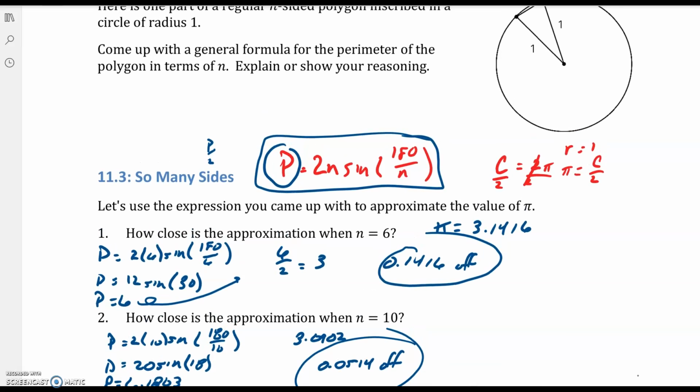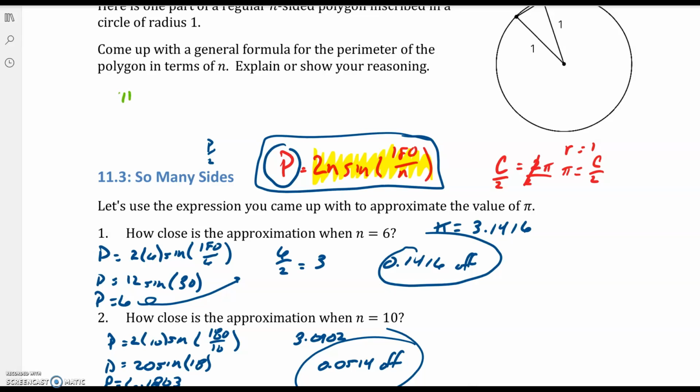So realistically, remember up here, what I've been doing is taking this perimeter and dividing it by 2. So if I take this part of my general formula and divide that by 2, notice that the 2 goes away.